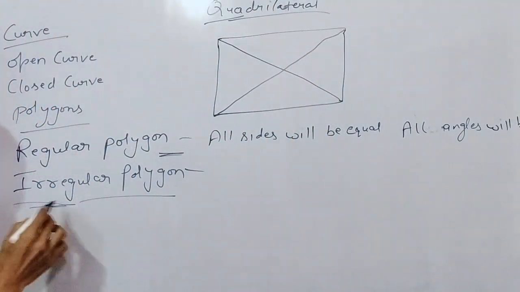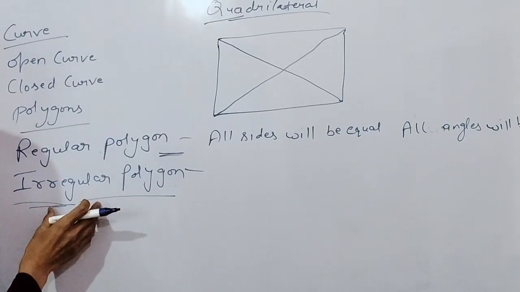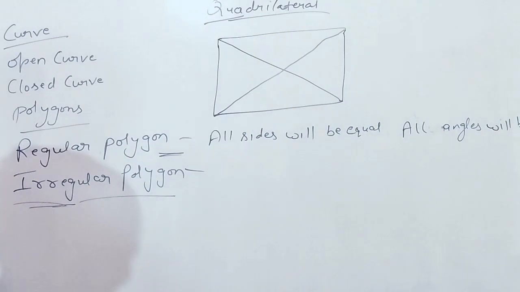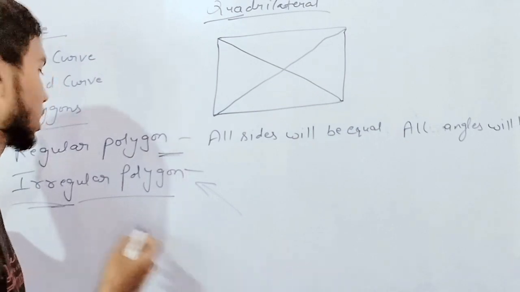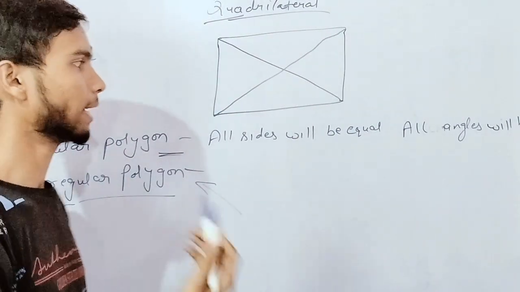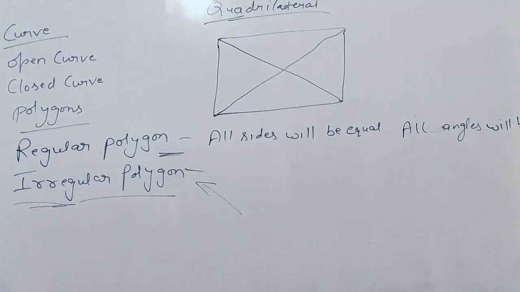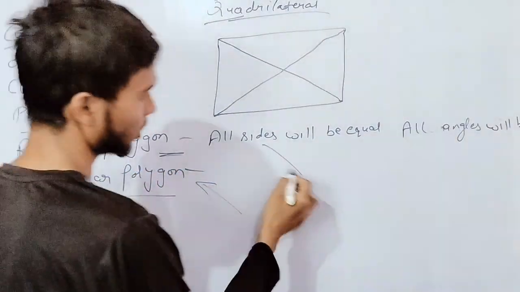In the other case, anything can be changed. You will realize that sides are unequal. Sometimes you will realize that angles are not equal. So if angles are not equal but sides are equal, then that polygon is an irregular polygon. Now, an example of this is what?